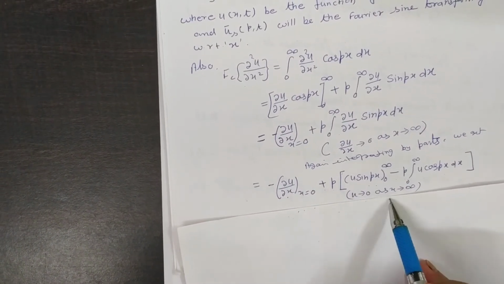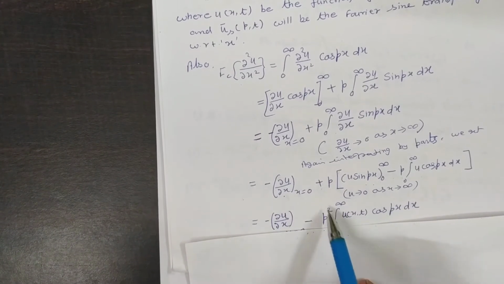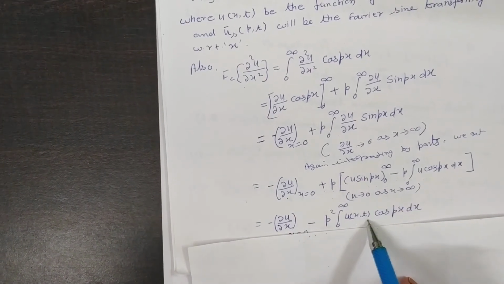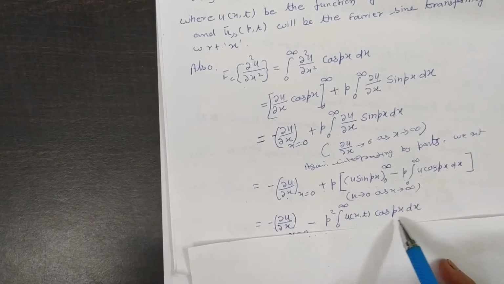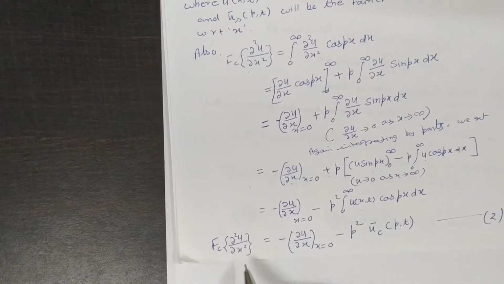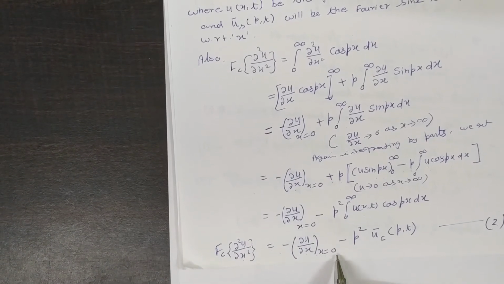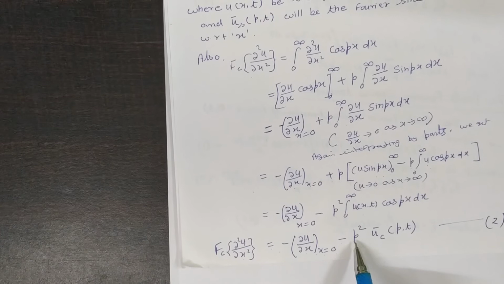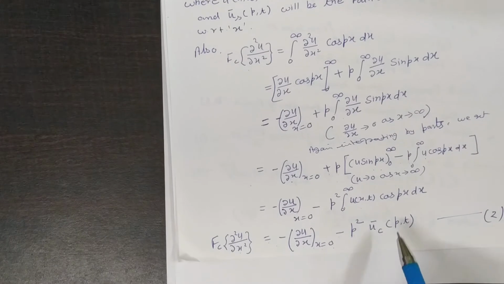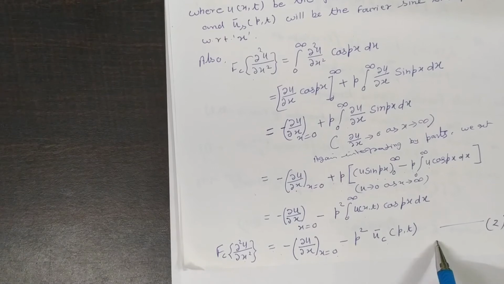As u tends to 0 as x tends to infinity, this term becomes 0, so here is minus p² times the integral of u(x,t) cos(px) dx. So the Fourier cosine transform of ∂²u/∂x² is equal to minus ∂u/∂x at the point x equal to 0 minus p² ū_c(p,t), equation number 2.